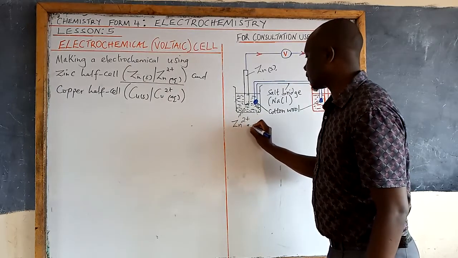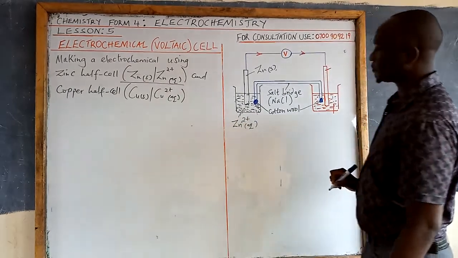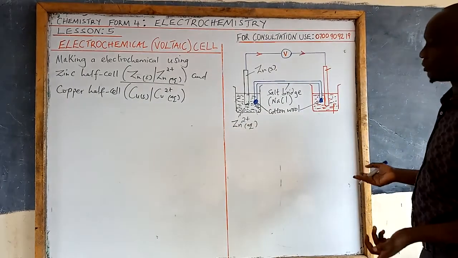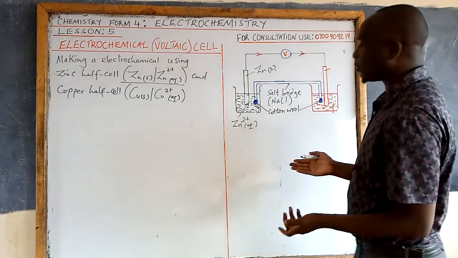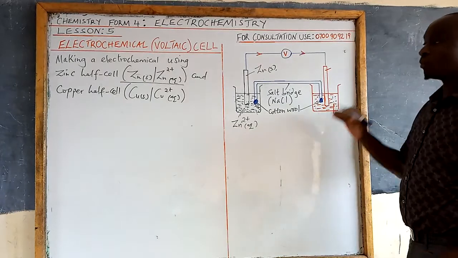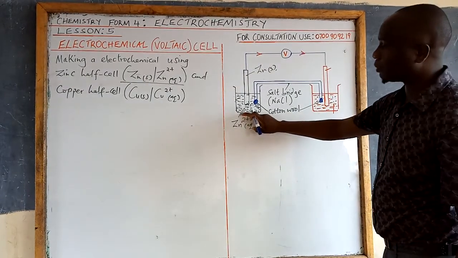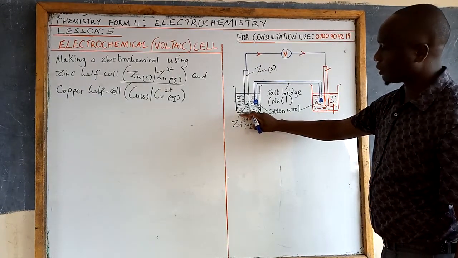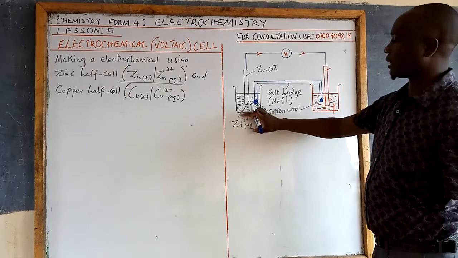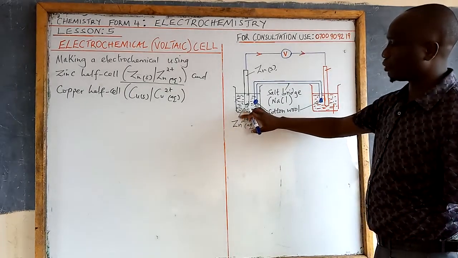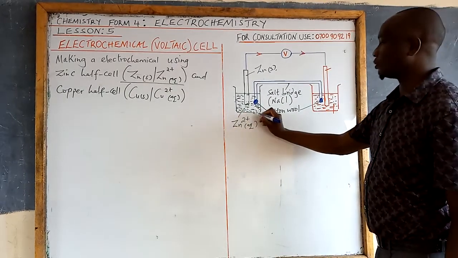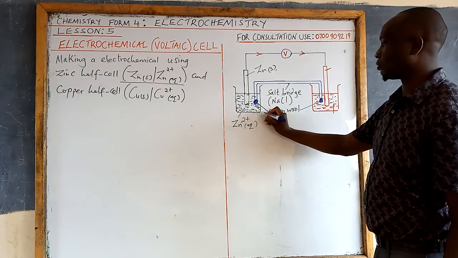So zinc ions like that. That is a solution containing zinc ions. It can be zinc sulfate, zinc chloride, zinc nitrate, whatever. It has to be a soluble zinc salt. So we cannot use zinc carbonate, because zinc carbonate is insoluble. So the solution that you are going to use, you have to put that into consideration.